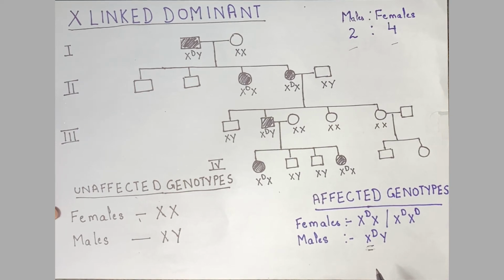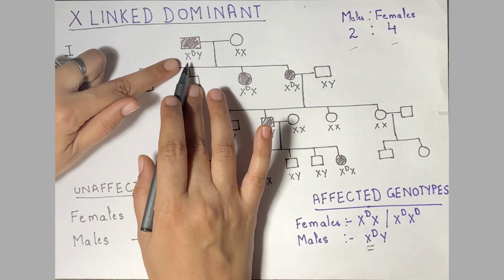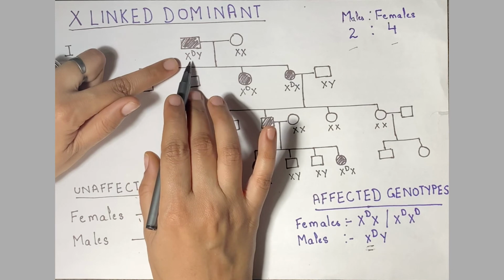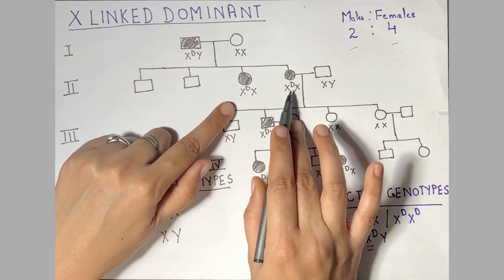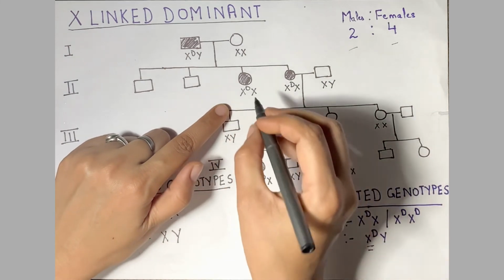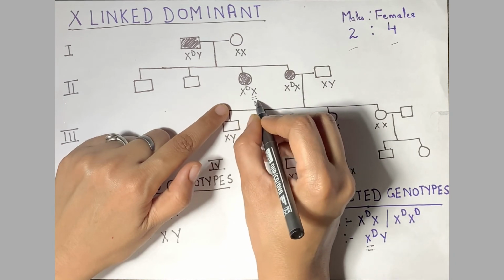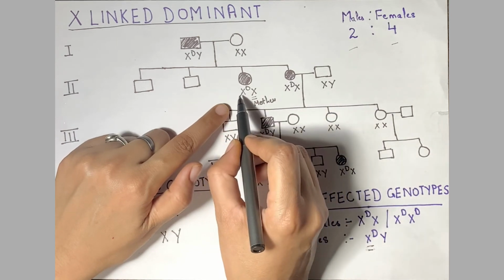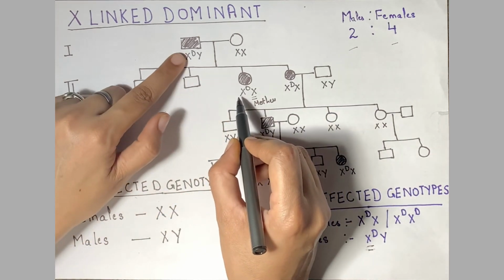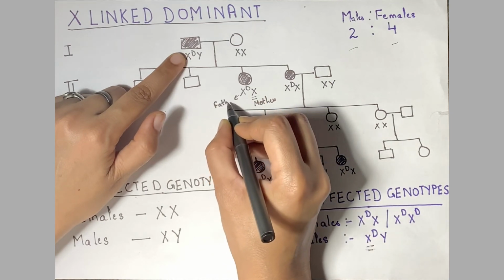In this case, the father is affected, having 1 dominant disease-causing gene on the X chromosome. Both his daughters are affected because they inherited 1 normal X chromosome from the mother and 1 X chromosome with a disease allele from the father.